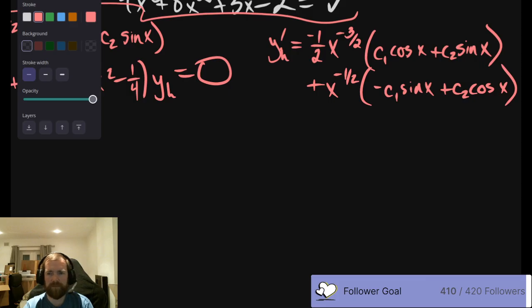Split this out, and then y homogeneous double prime is going to be very inconvenient, but nonetheless, take the derivative out front.